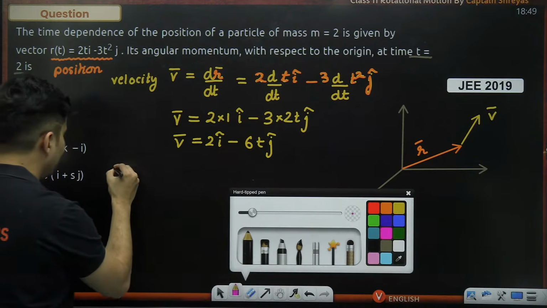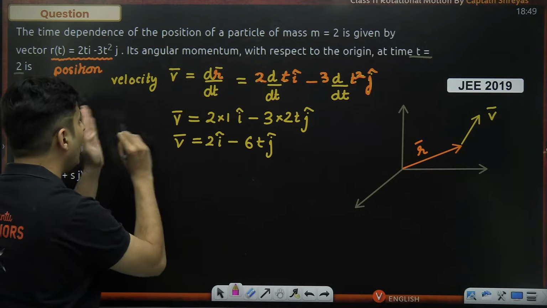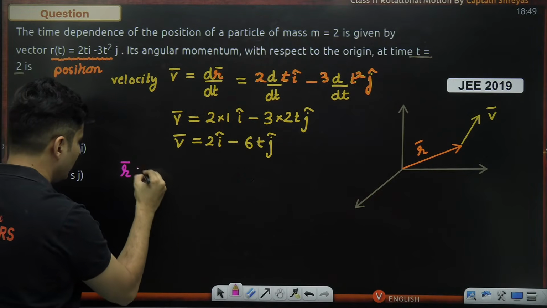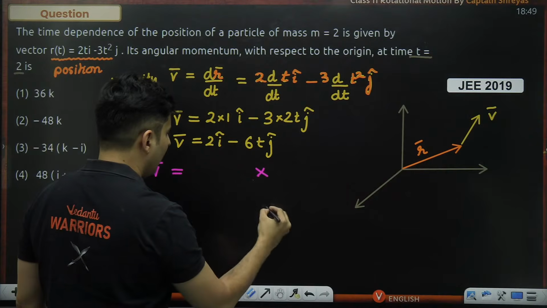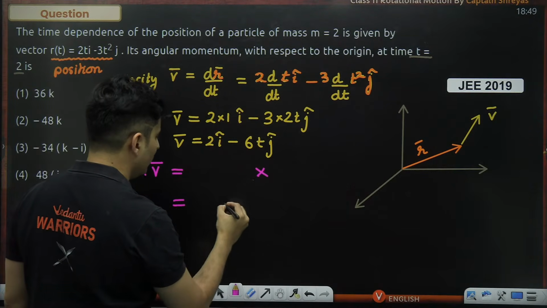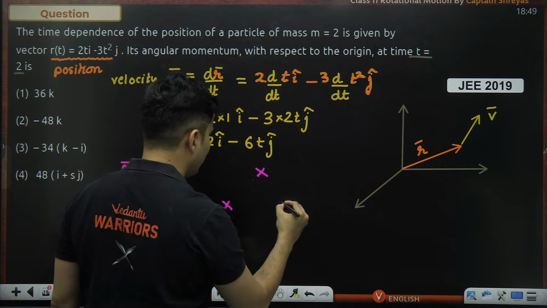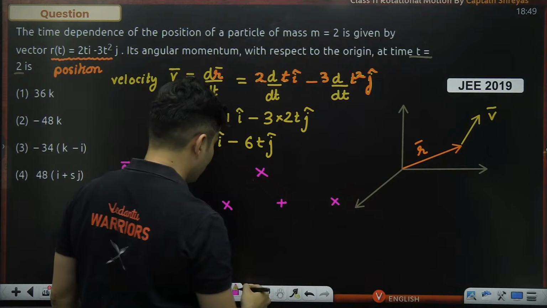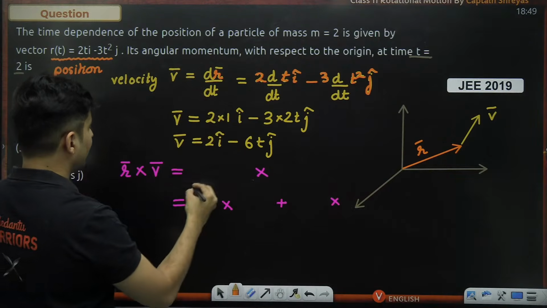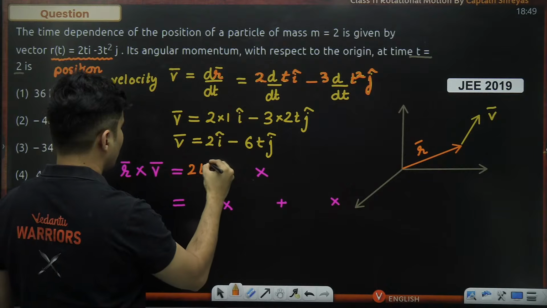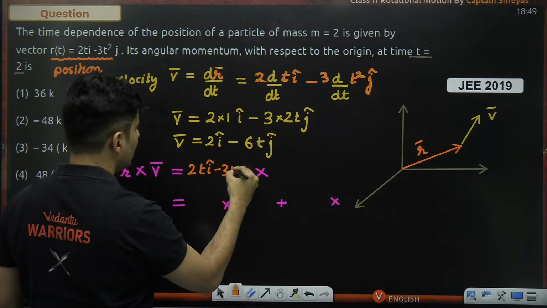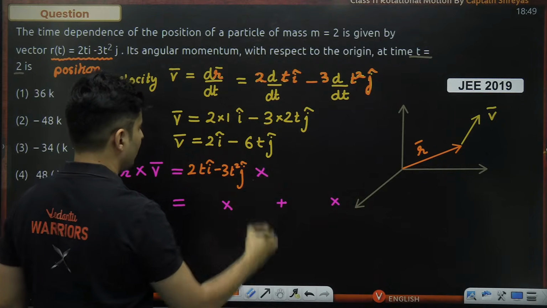Now if I try to find the angular momentum, I need to do r cross v. So I'll just do r into v now. Observe this carefully. My r vector is basically 2t i cap minus 3t square j cap.